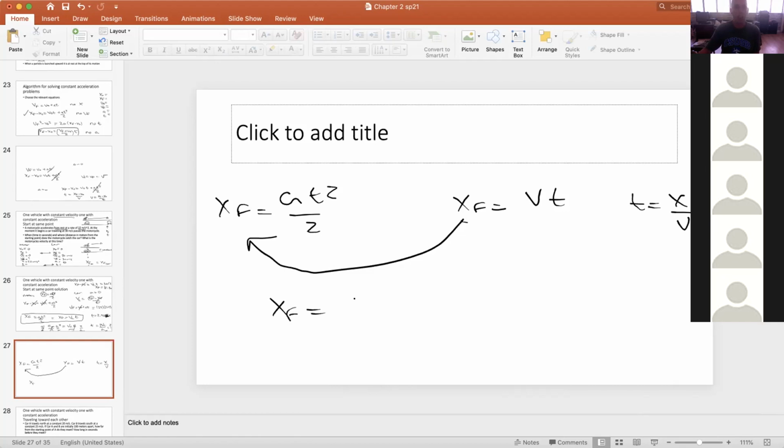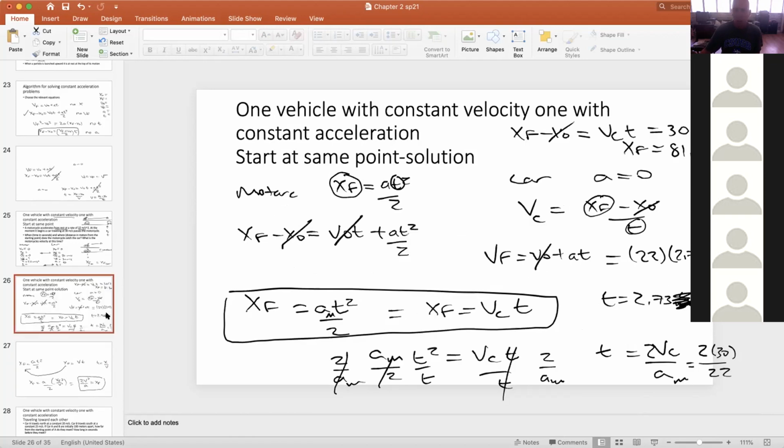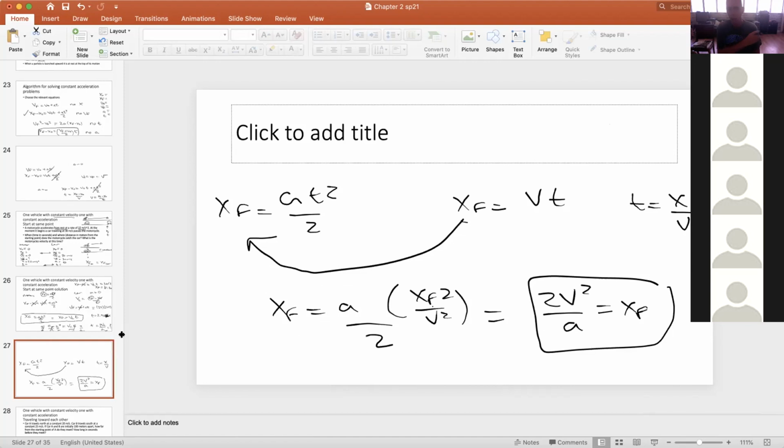So I have x final is a x final squared over v squared over 2 and solve this for x final if I wanted to. But look what I get. I get 2 v squared. Oh, did I screw that up on the other side? No. Okay.